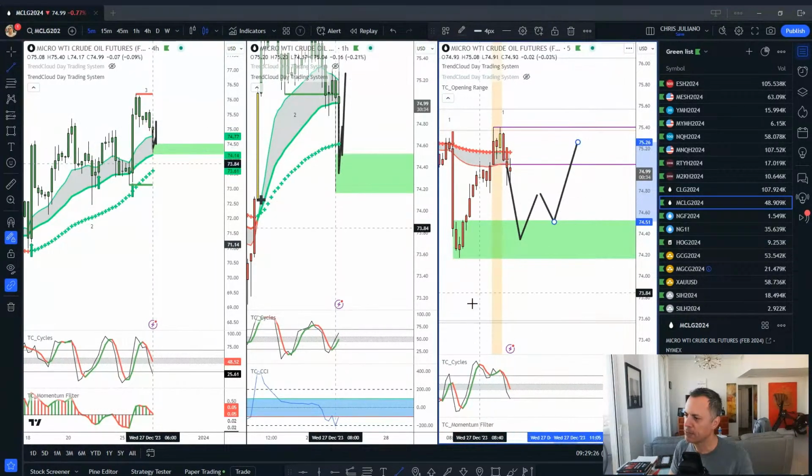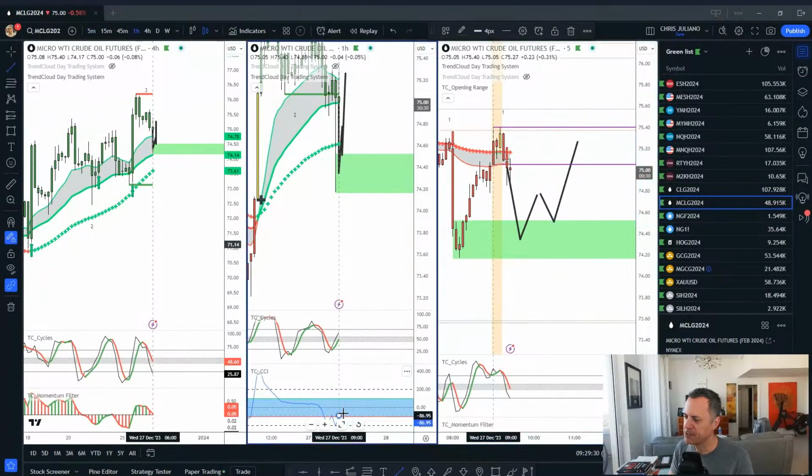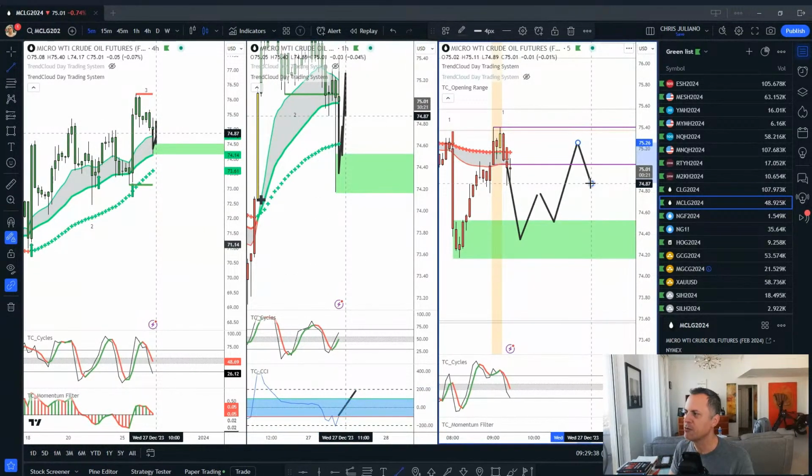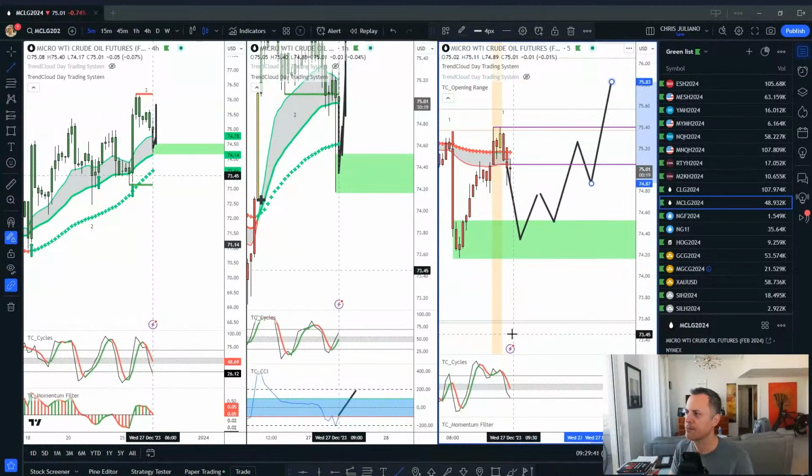And at this point, if this happens, momentum will cross back above positive 100, and we can continue to take this trade to the upside.